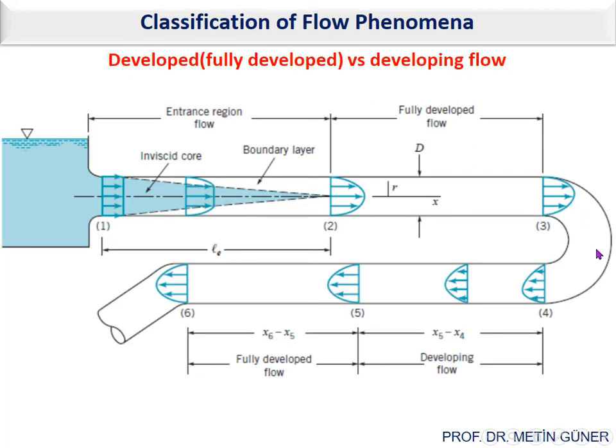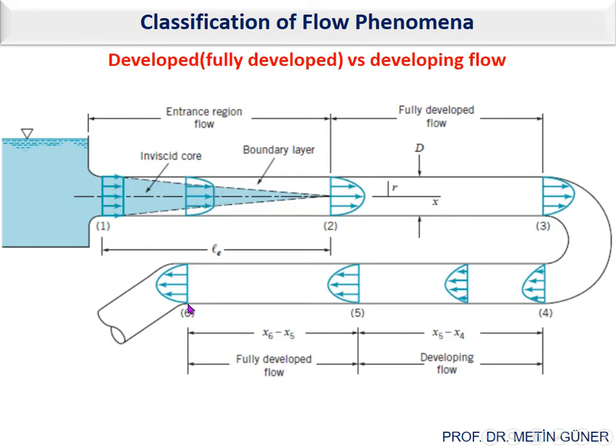If there is an elbow or any other device which disturbs the flow, then again from here to the left you have the same story. Again, there's a length here from 4 to 5, which is developing flow, and after the flow takes its symmetrical form, as you can see here, then the flow can be considered fully developed.